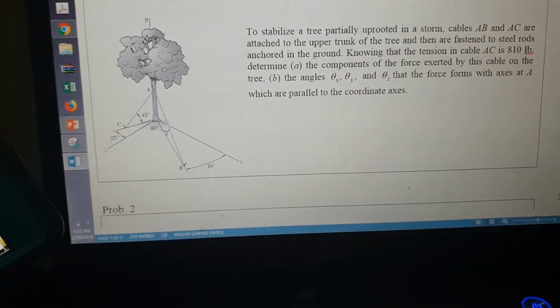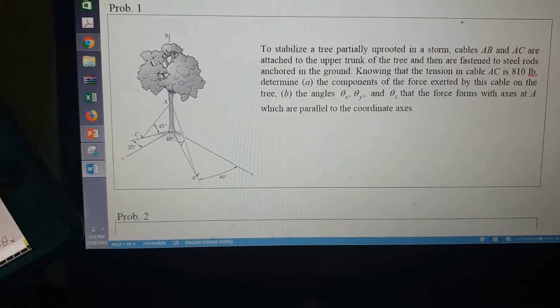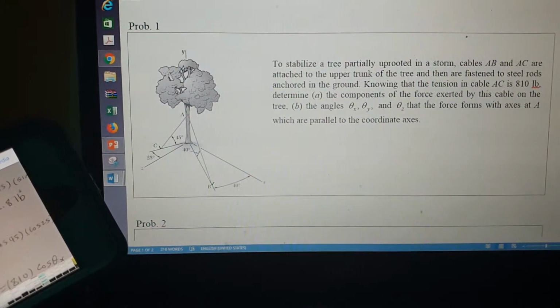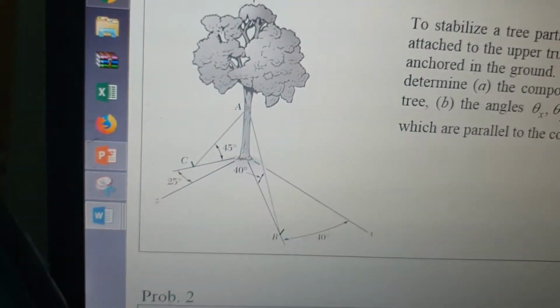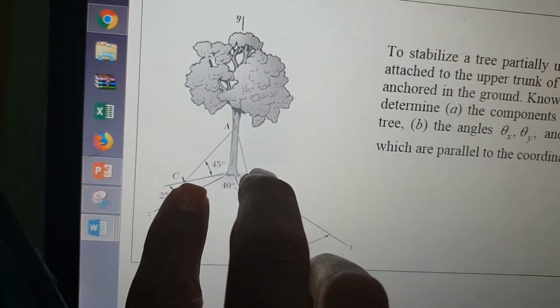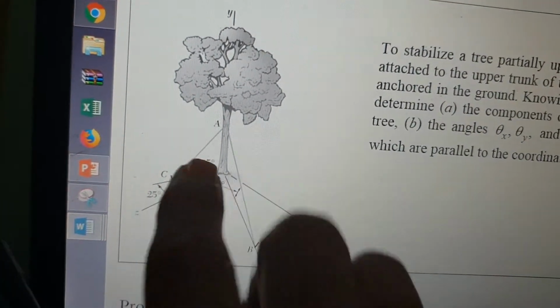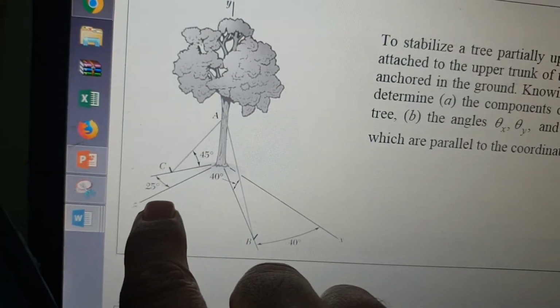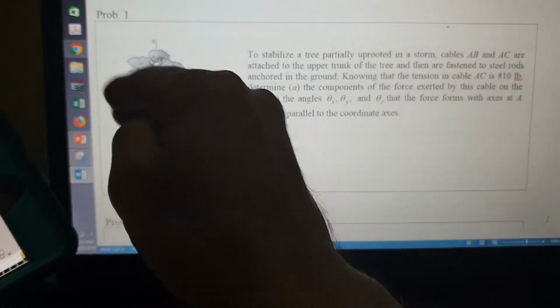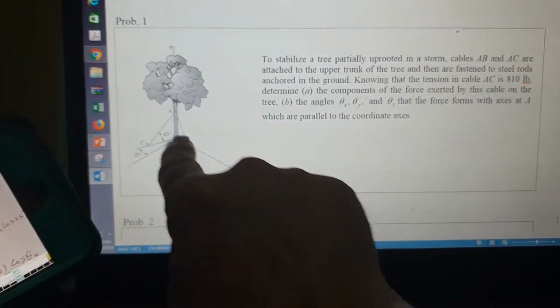Now, what is in the x? In the x, when you bring it down, it is cosine 45 in the xz plane. Now, cosine 25 in the z, sine 25 in the x, and it's going to be sine 25 in the minus x, since this is the positive x.